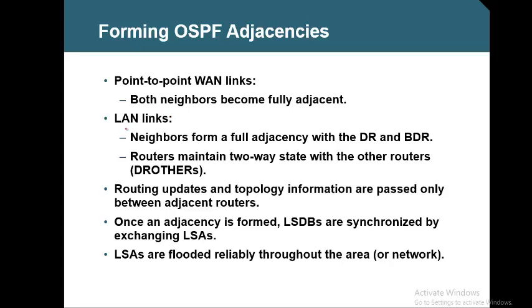Now, in a link state routing protocol, full adjacency will be formed with the DR. So every other router will have full adjacency with the DRs. When I say DRs, it includes the BDR. Between the others, they will have only a two-way relationship. What does that mean? With DRs, they will share every change that happens in their environment, and it is only the DR that will take an update from one router and give it to the other routers.